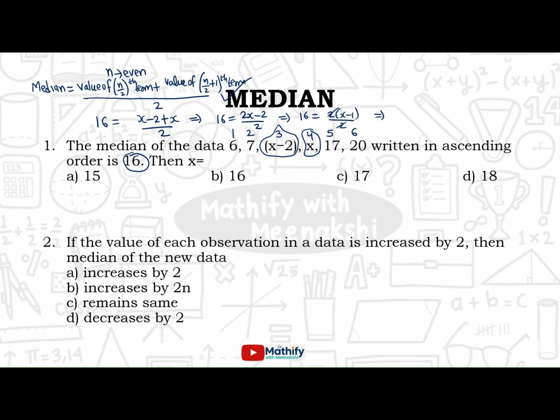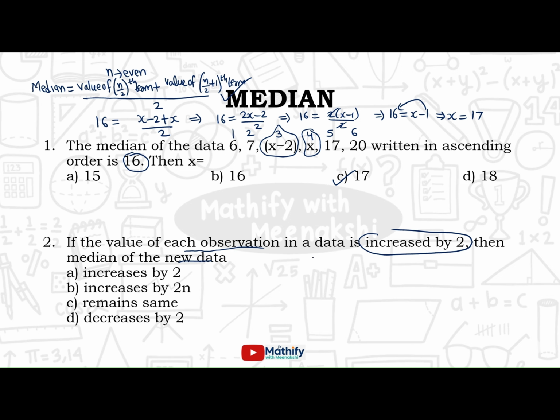So you can say that 16 is equal to x minus 1. That means your x is, when you transpose minus 1 to that side, it becomes positive, x is 17.